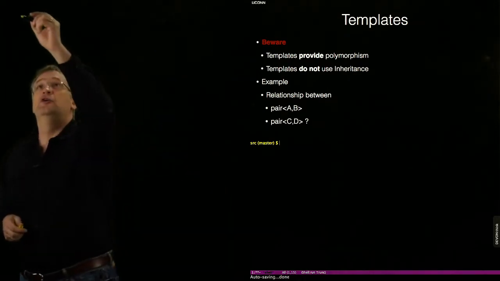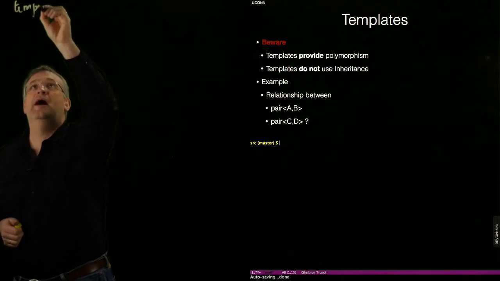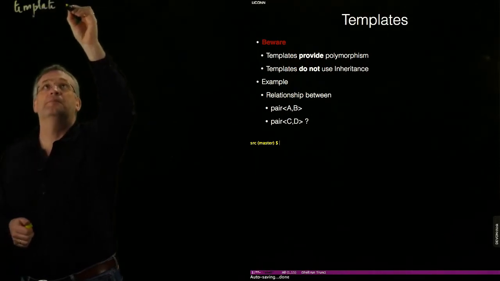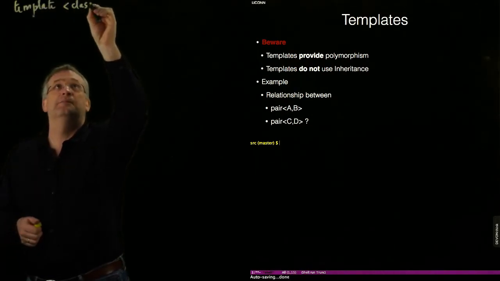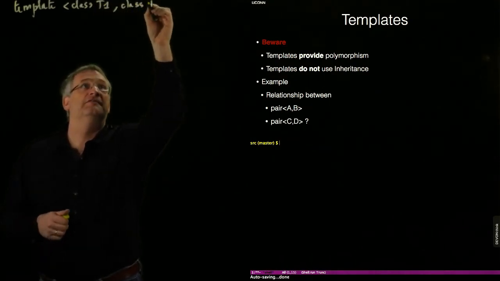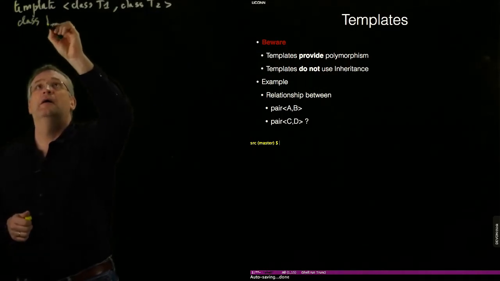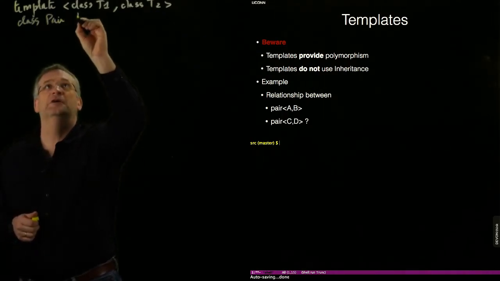That is, you do not have a relationship if you think of this as, oh, I have a template class T1 class T2, and then I say class pair of T1, T2, of course, right?